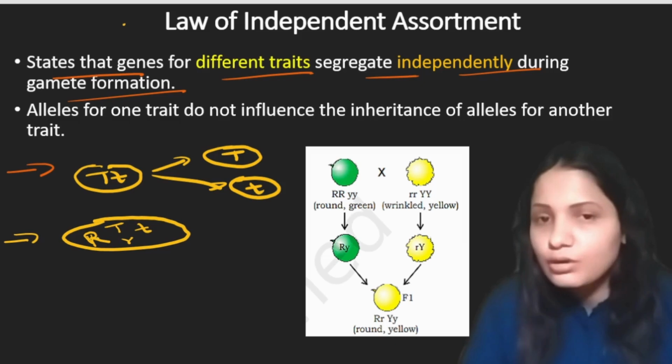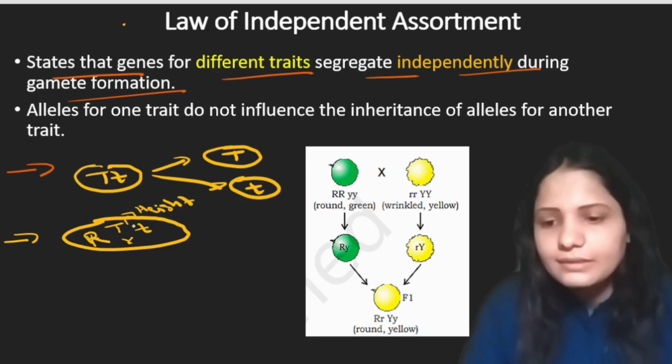R stands for round and small r stands for wrinkled seed, and this is the character of plant height, where T stands for tall and small t stands for short height.